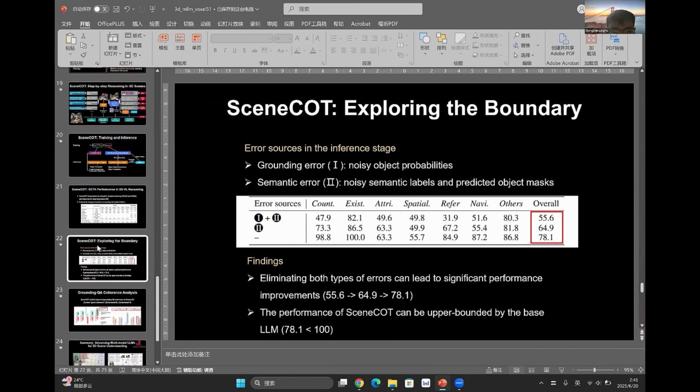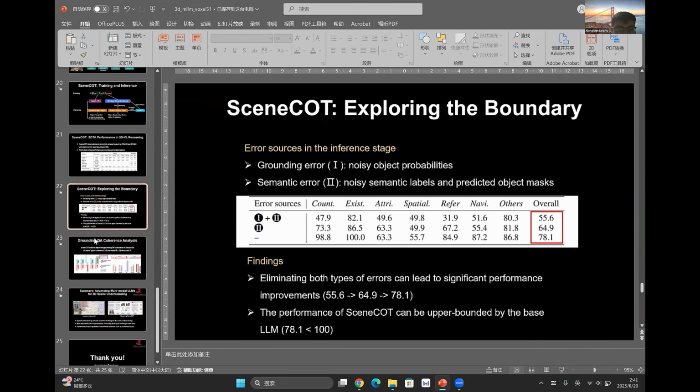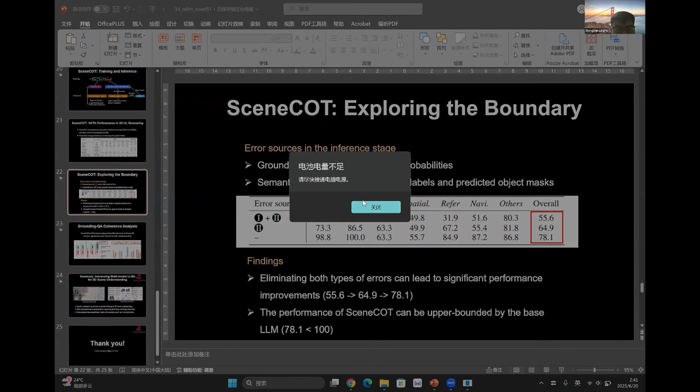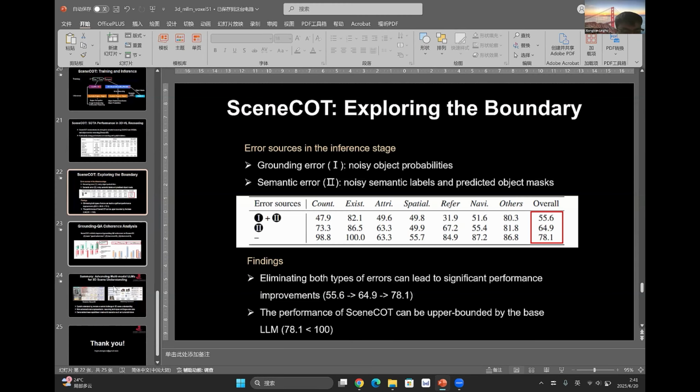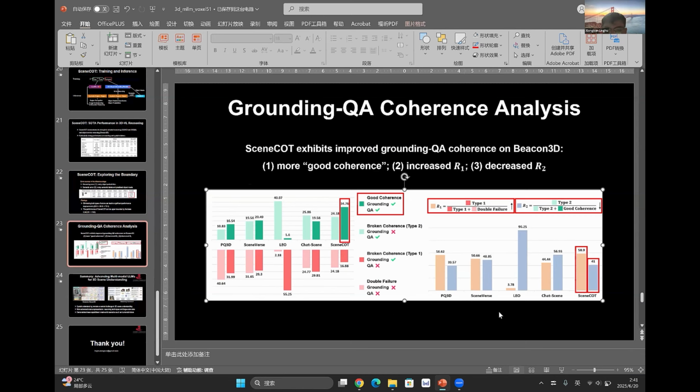Owing to the limited time, I will quickly go through the remaining content. We also analyze the grounding-QA coherence and find that our model has the best grounding-QA coherence, since we conduct a grounded reasoning framework.